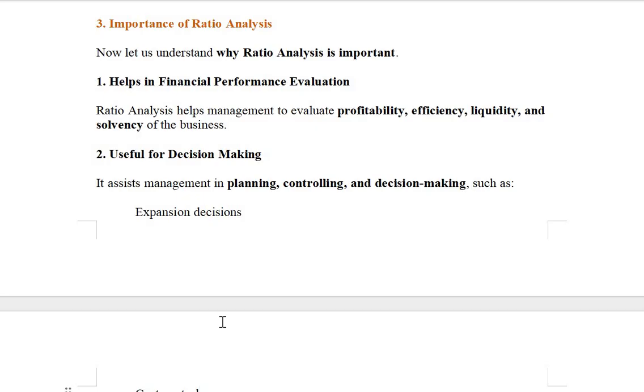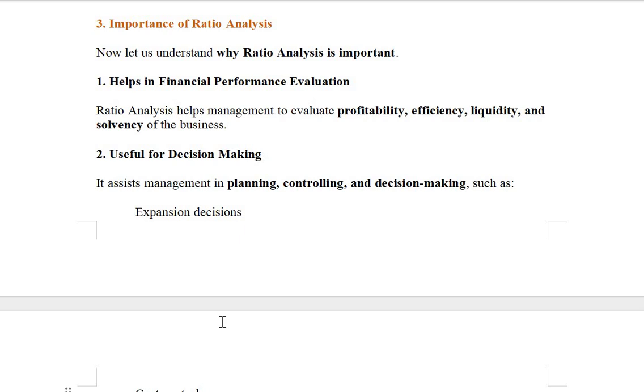But by using ratios, we can know the profitability position of the company, how efficient the company is, and its liquidity position, and also determine whether the company is solvent, that is, whether it can continue the business for a longer period.